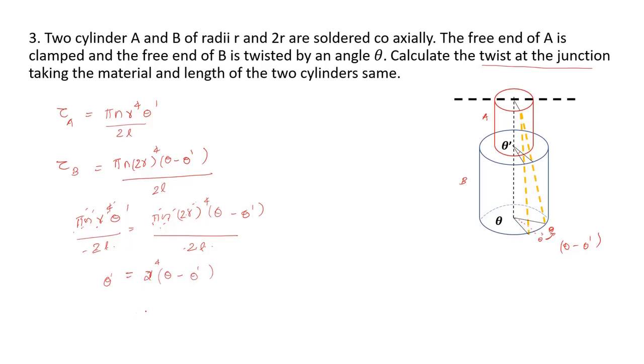On writing the equation, 2 to the power 4 is 16. So theta dash is equal to 16 theta minus 16 theta dash. So theta dash is nothing but 16 by 17 theta. So theta dash can be found as 16 by 17 theta, and this is the twist at the junction.